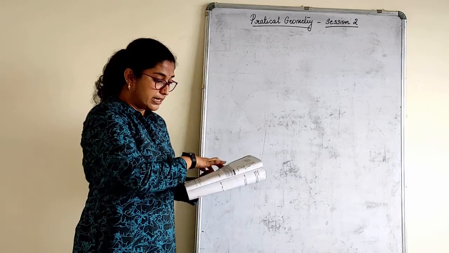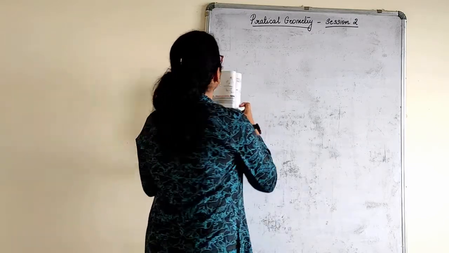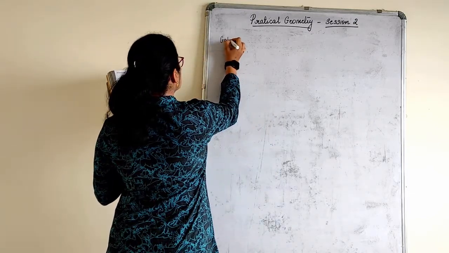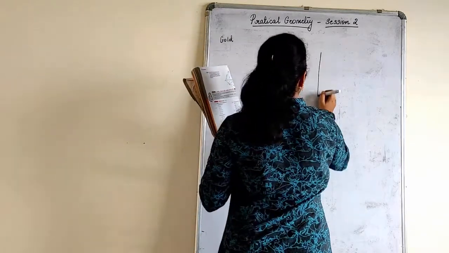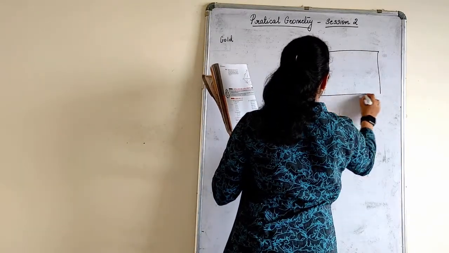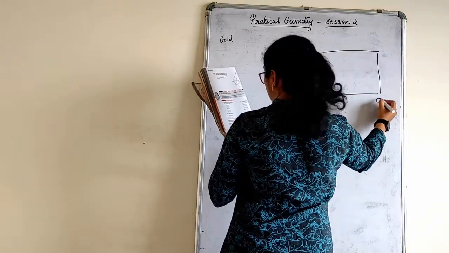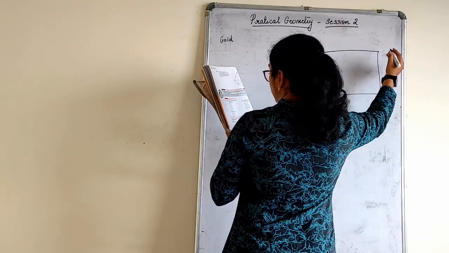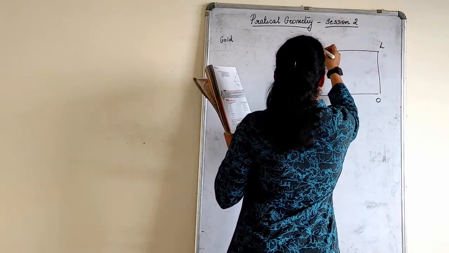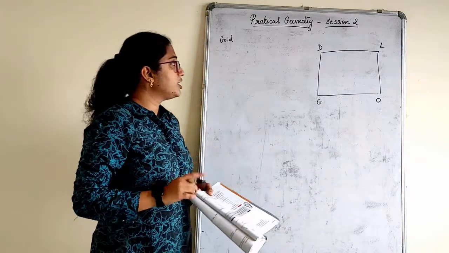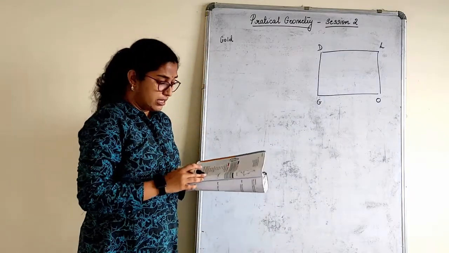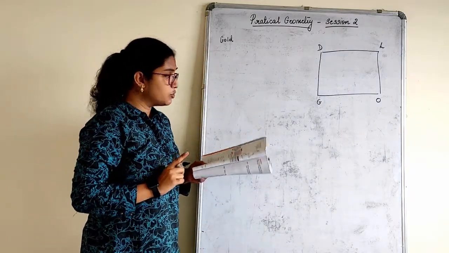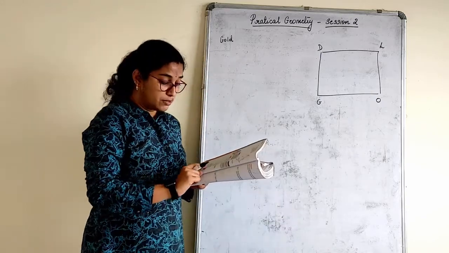It's again a quadrilateral, GOLD. Construct a quadrilateral GOLD. Let us do the markings. G, O, L, D. Now see children, I have written GOLD here, but when I see the measurements, there is no base measurement. For GO there is no measurement given.